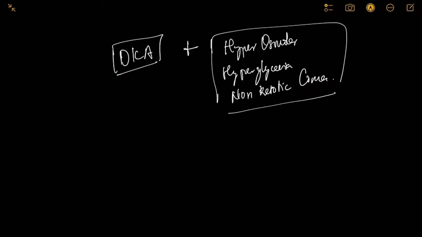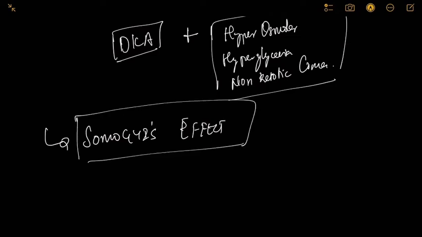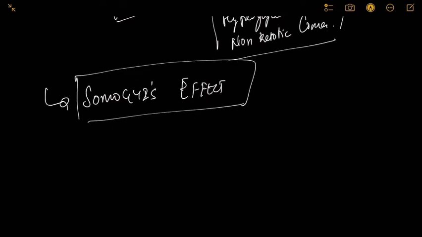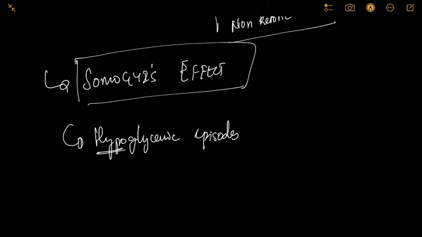Now there is some interesting concept here, that is your Somogyi effect. All right, let's understand what is this Somogyi effect. So what happens here is, in an individual having your DM, a hyperglycemic condition, hypoglycemic episodes may develop in your type 1 DM.